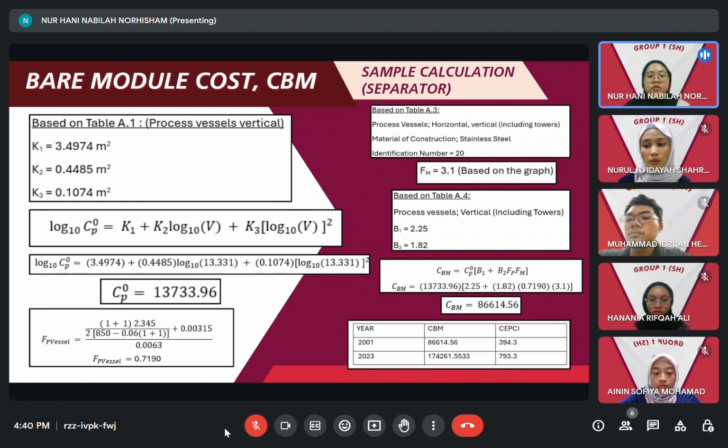Then moving on, to calculate the bare module cost, we have to obtain the value of Fp and Fm. For Fp, we have calculated the value by using the formula shown in the slide.